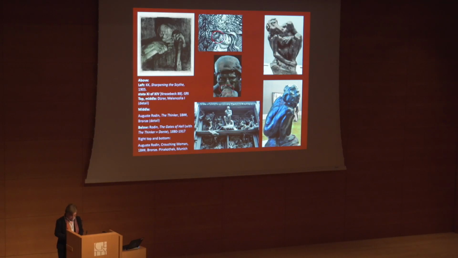I think that Kollwitz's reference to Dürer's Melancholia has a double significance in connection with the Peasants' War. On the one hand, it suggests that the old woman's reflection will have consequences.